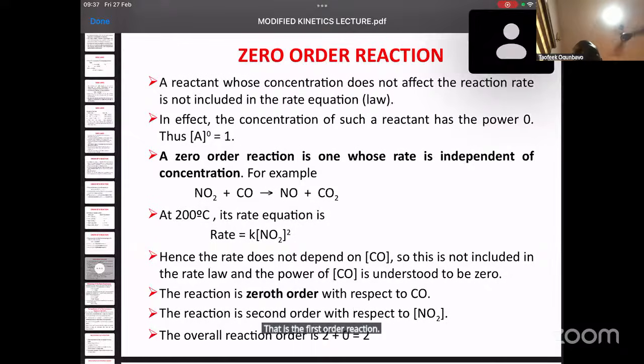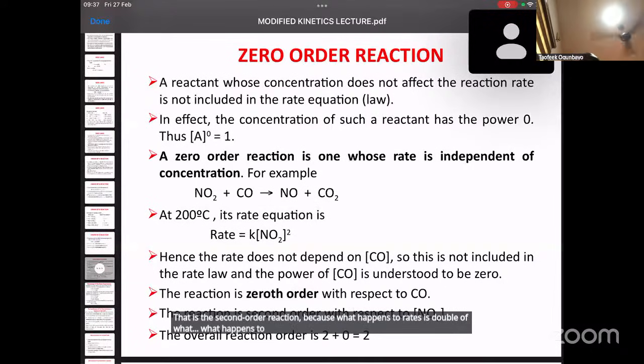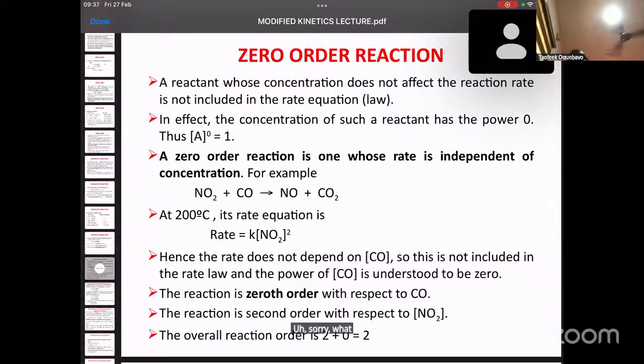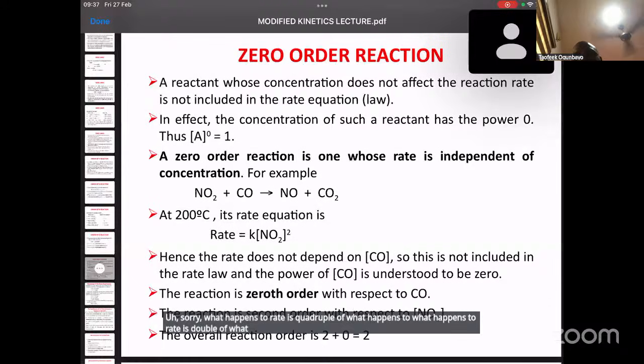If I double my concentration and the rate quadruples, that is a second order reaction, because what happens to the rate is the square of what happens to my concentration.